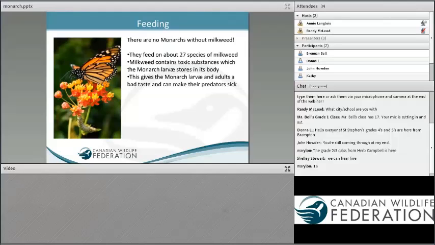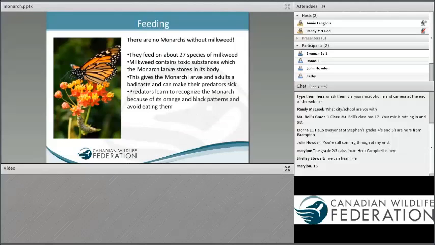It makes the monarchs toxic to eat. So when predators, for example birds, eat a monarch, first of all, it's going to taste pretty bad, and then they might get sick. The fact that monarchs become toxic is because of the food they eat. They eat so much milkweed, especially when they're young as caterpillars, and so they become toxic themselves.